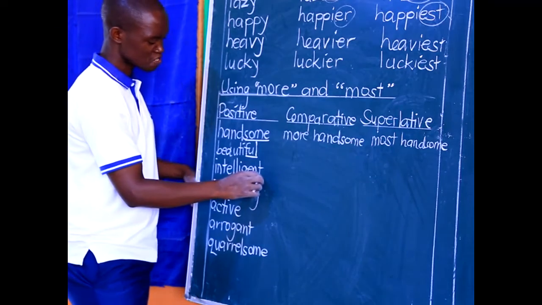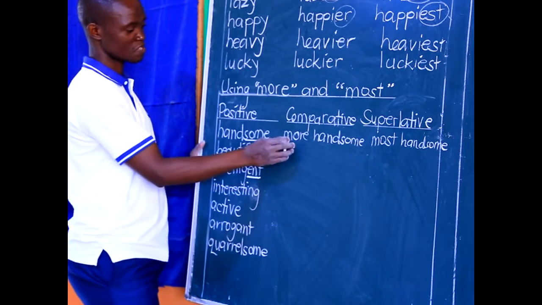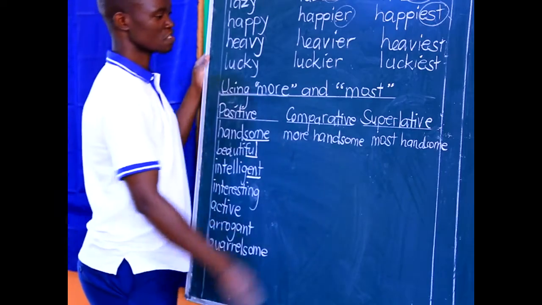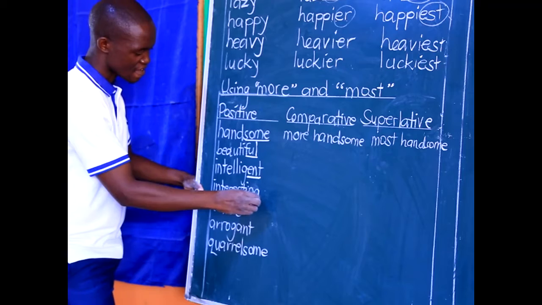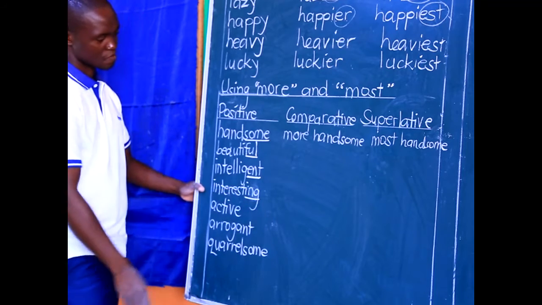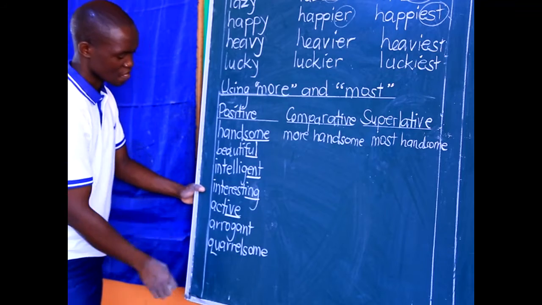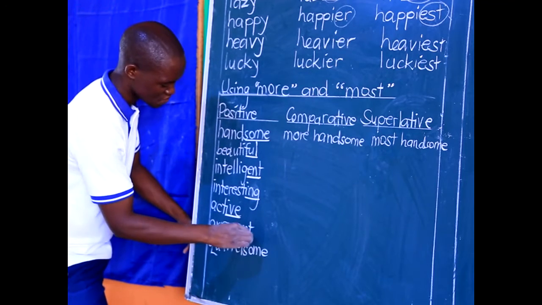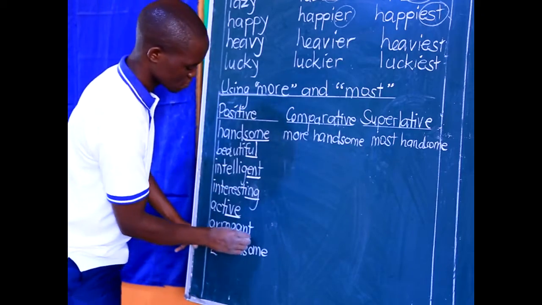Adjectives that end in ENT, you form the comparative by using more, then the superlative by using most. We have adjectives that end in ING. They are in the same category. Adjectives that end in IVE. Adjectives that end in ANT. This one is already talked about.